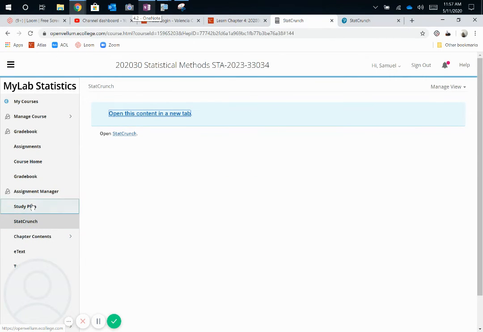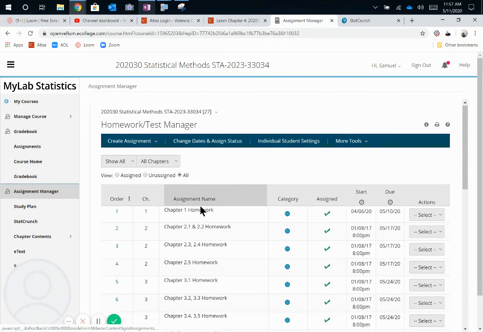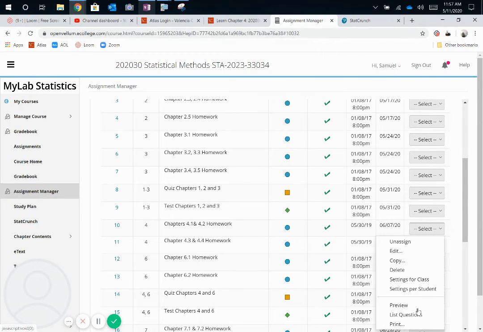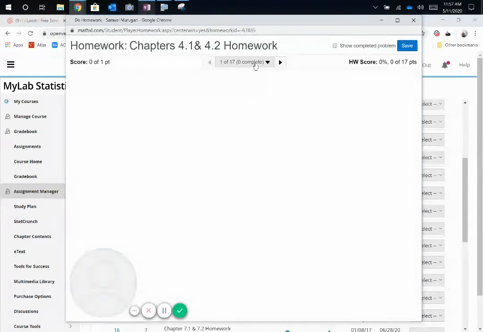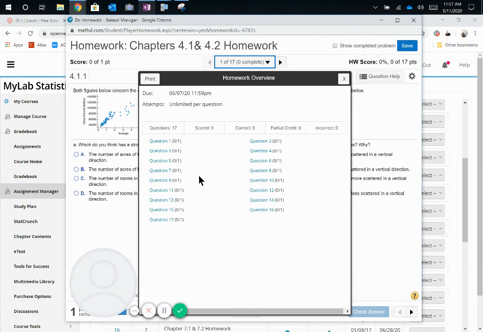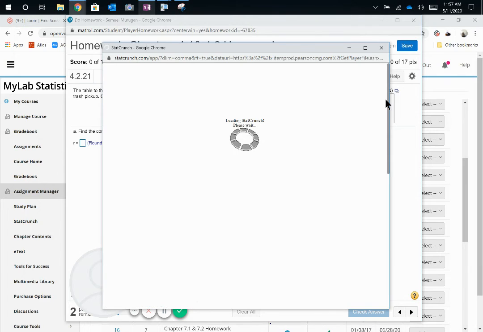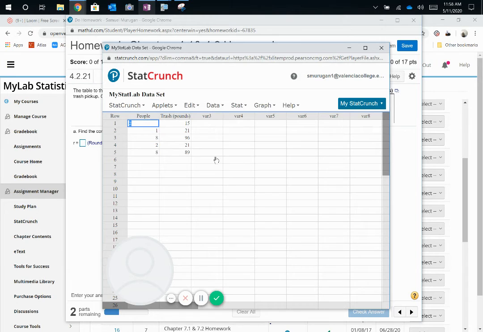So if I were doing question 13 in 4.2, and I didn't want to use my calculator, I simply pressed the little button, click the copy table, open in StatCrunch, and there I would have my data.